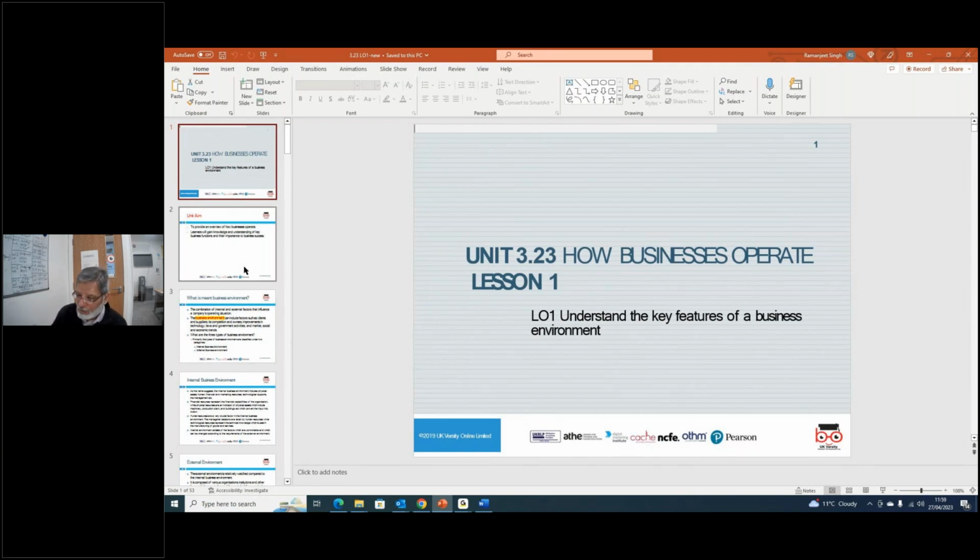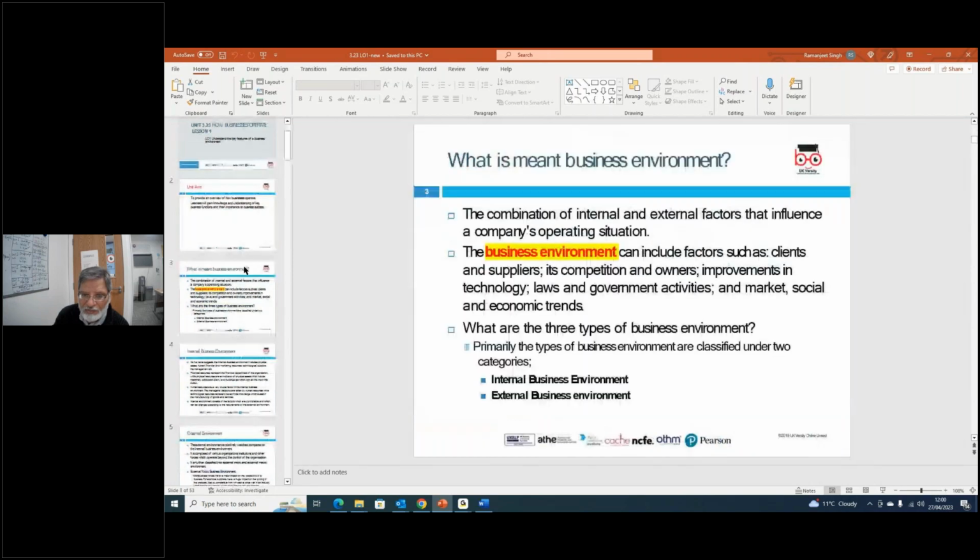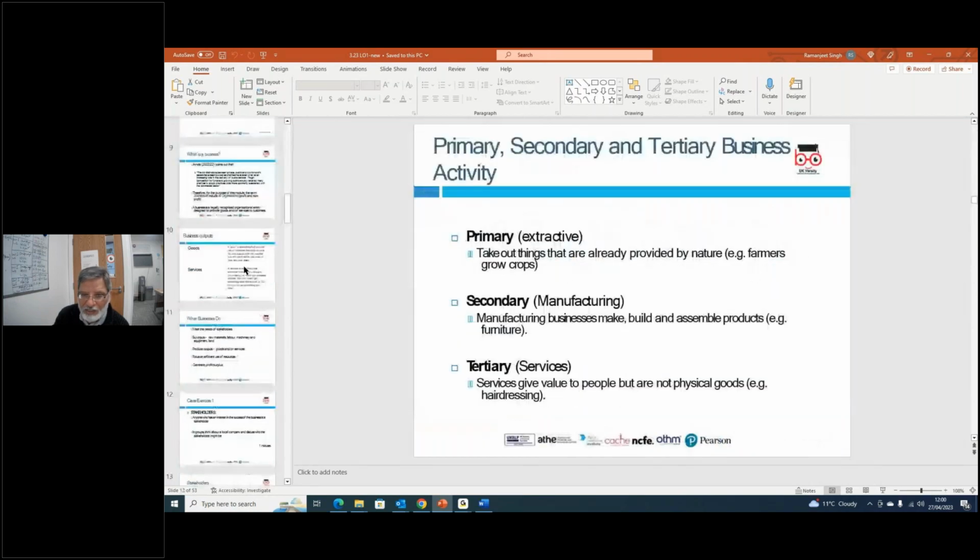For example, how would the farm foods affect local people, the national level, and international organizations or businesses. So we need to look at the three assessment criteria within learning outcome one: understand the key features of a business environment.